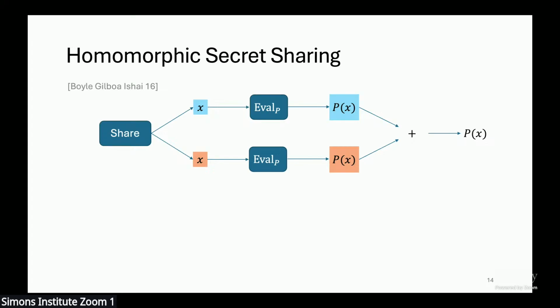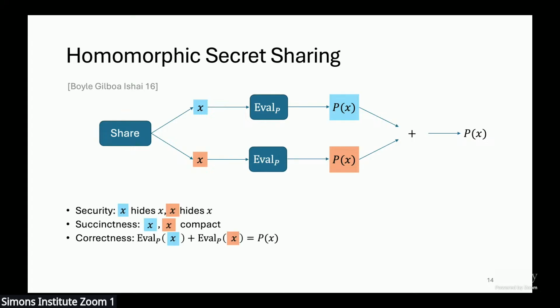And initially, the inputs are fed into some sharing algorithm and split into two shares. These shares might not be linear secret shares. They might be something more computational, any kind of special shares. We just need to be able to evaluate on them and end up with some evaluated share such that if we sum these things together, then we get the output of the function we want to evaluate.